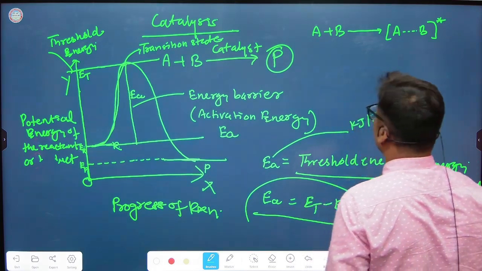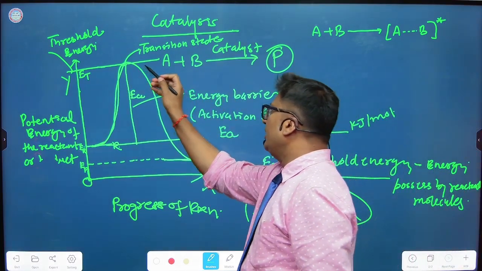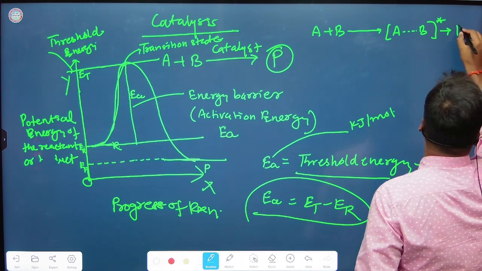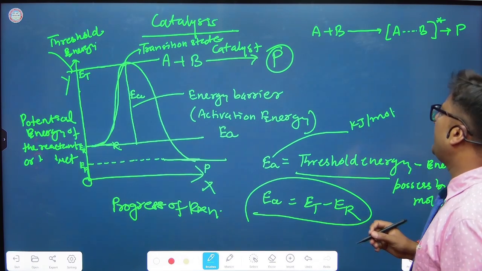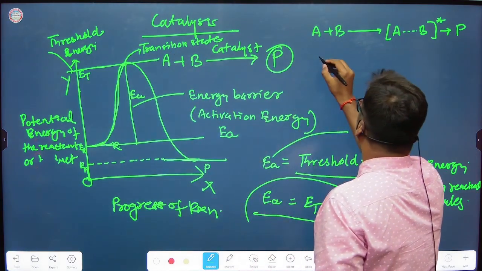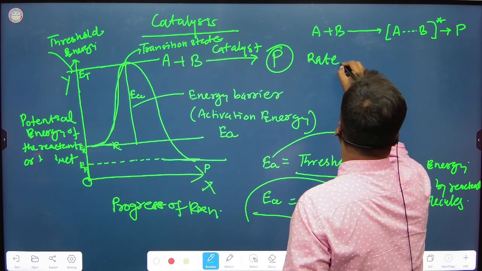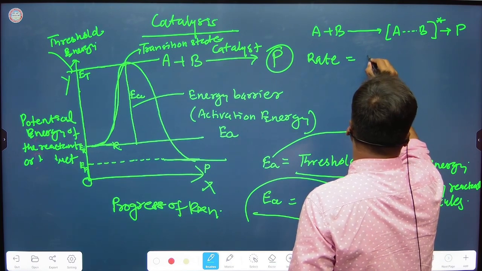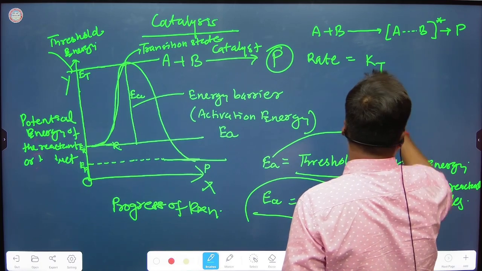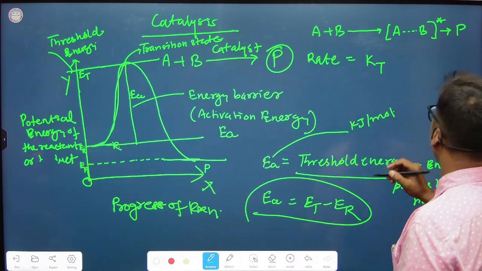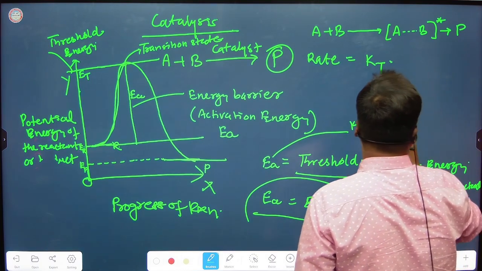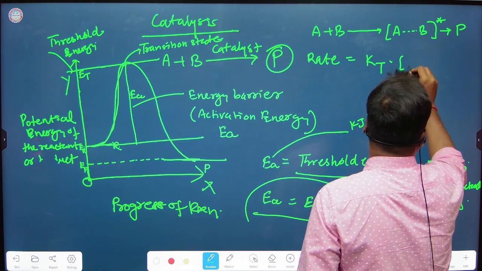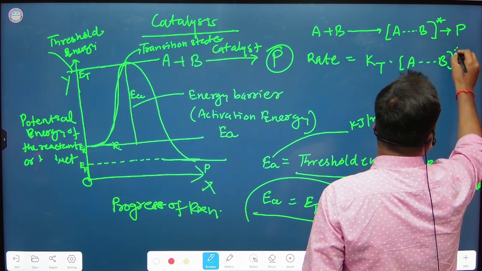And finally, if this threshold is crossed, then it ultimately dissociates into product, right? So this is the transition state, and the rate of the transition state is equal to the rate constant KT for the transition state multiplied by the concentration of the transition state. So you can simply say A dot dot B star.